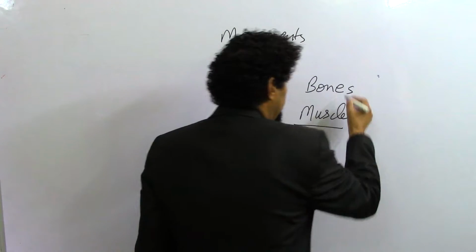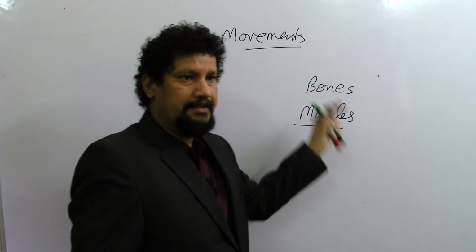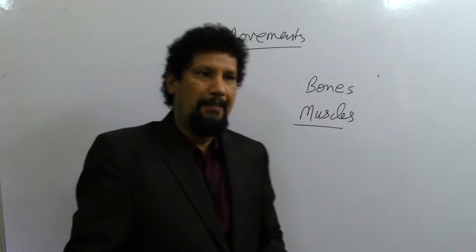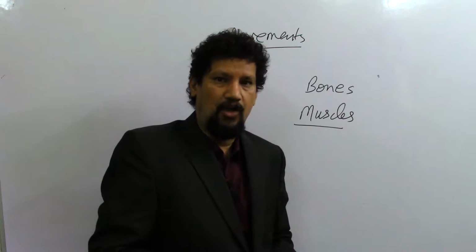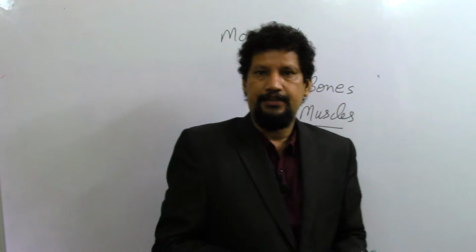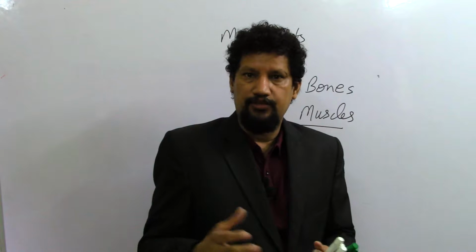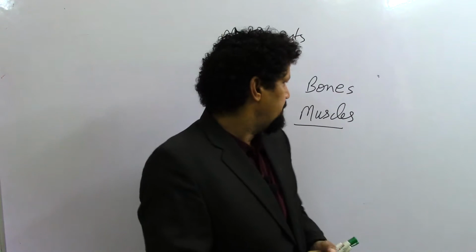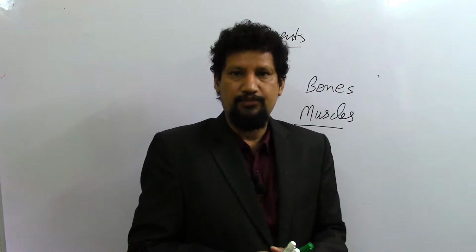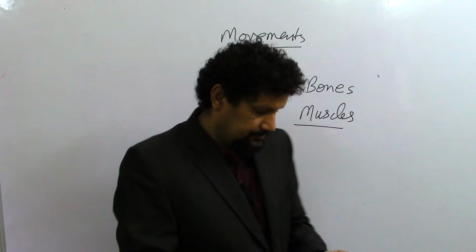So bones act as a lever and strut, and the muscles make them move at the joints. A joint is formed by two bones or more than two bones. When these bones align or articulate, they form joints.